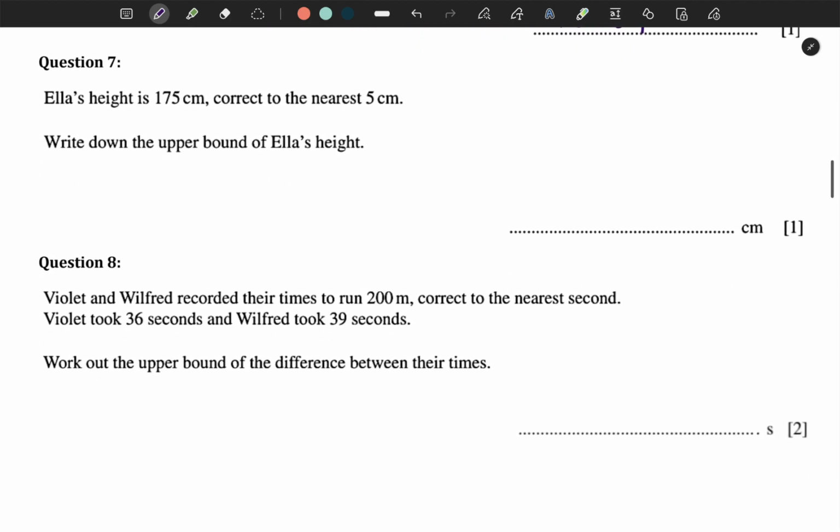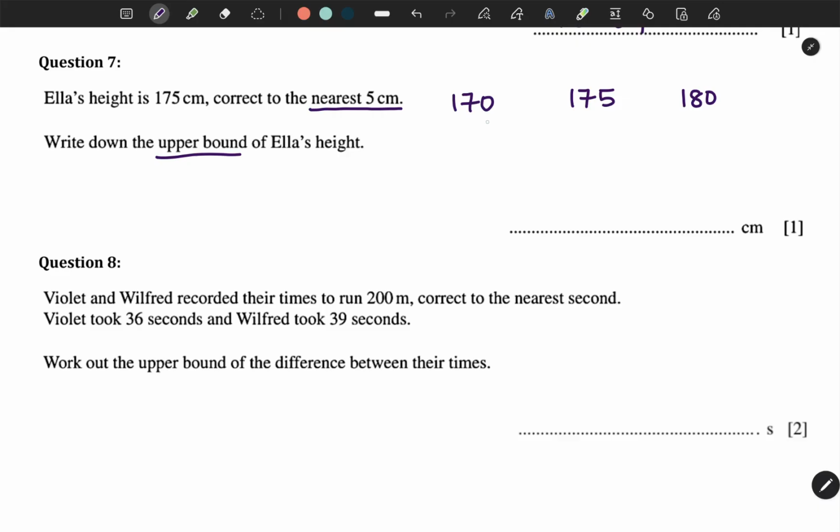Ila's height is 175 centimeters, correct to the nearest 5 centimeters. And the question is about the upper bound. When we have to solve this type of question of finding either upper bound or lower bound, first try to write the given number in the center and try to understand what would be the answer that we will get after and before this number. Because it is correct to 5 centimeters, the next answer would be 180 and the previous answer would be 170.